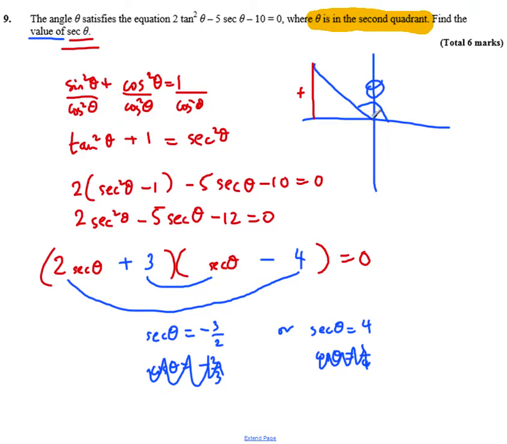The cosine is going to be this distance over here, and that's clearly going to be a negative because we're in the negative x-axis, and therefore that's the value of sec theta, as sec theta must be less than 0. There we go.